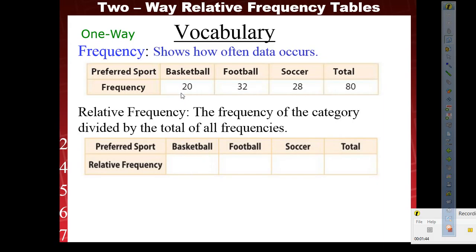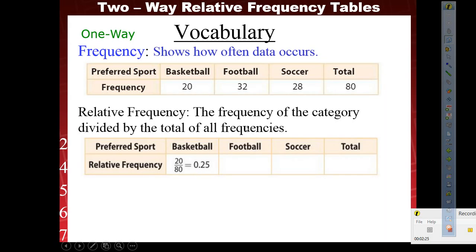To find the relative frequency, check this out. Everybody see what I did? This could be reduced. So it would be 20 over 80, 2 over 8. Is that correct? 2 over 8 becomes what? 1/4, which is 0.25. Ever see how that works?